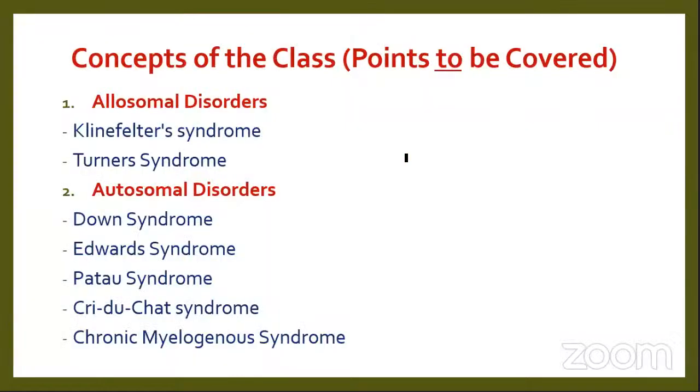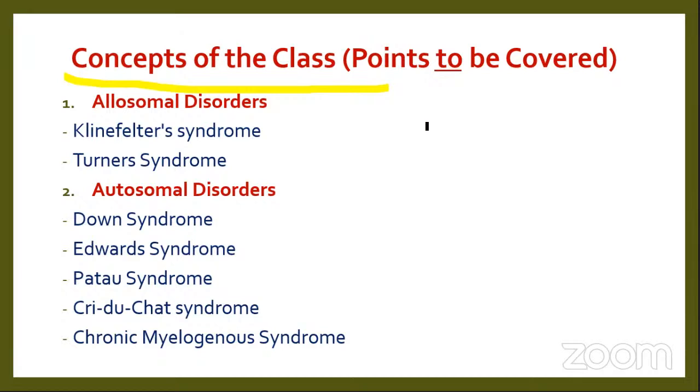What are we going to learn in today's class? In the last class, we discussed chromosomal aberrations. That means certain changes happen in the healthy chromosomes, and the chromosome number or the chromosome part gets altered.